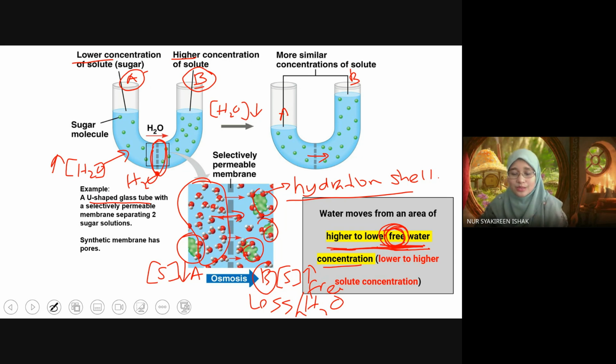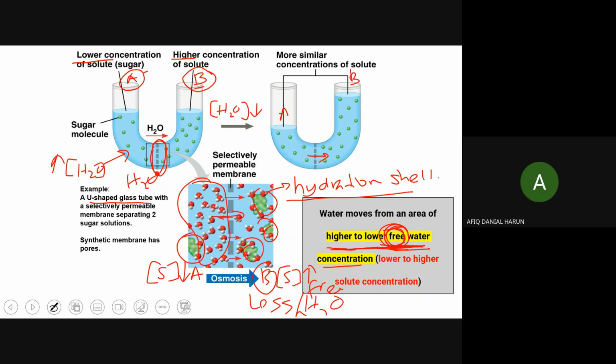You can either say water moves from an area of lower solute concentration to a region of higher solute concentration, or you can say water moves from an area of higher free water concentration to a region of lower free water concentration. So you can use both. Understand? Can? Do you understand this part? Okay.